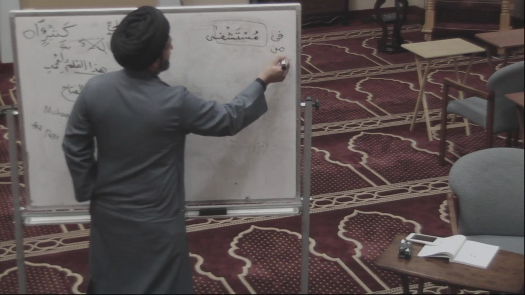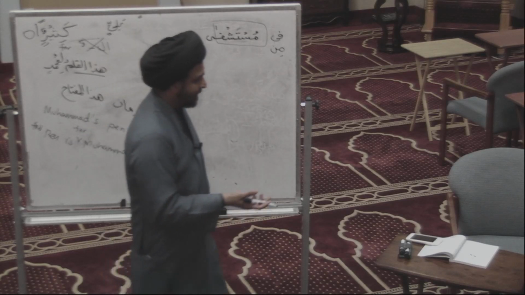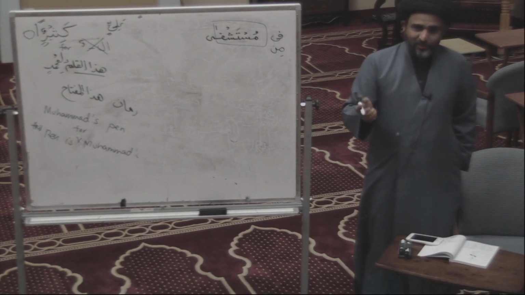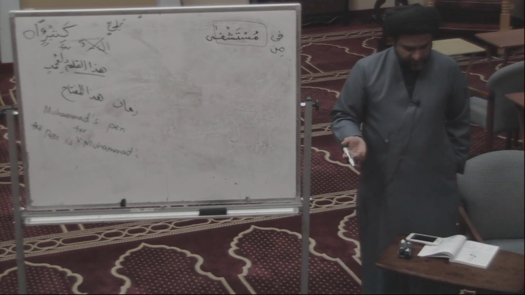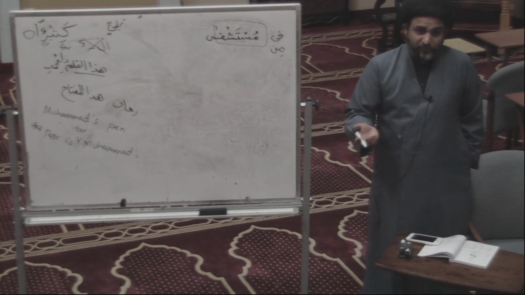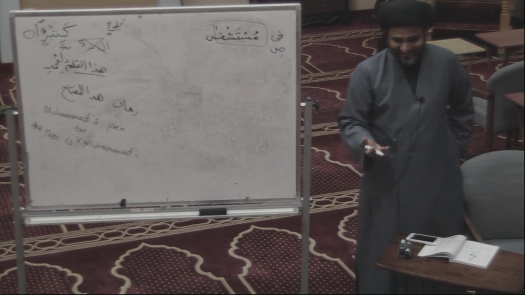Min al-mustashfa, ila al-mustashfa, fi mustashfa. Nothing will change if you can read it. It says al-mustashfa when there's nothing upon it. Fil mustashfa, min al-mustashfa, ila al-mustashfa. You don't say mustashfaye. It doesn't sound right, and plus it's difficult to say it.